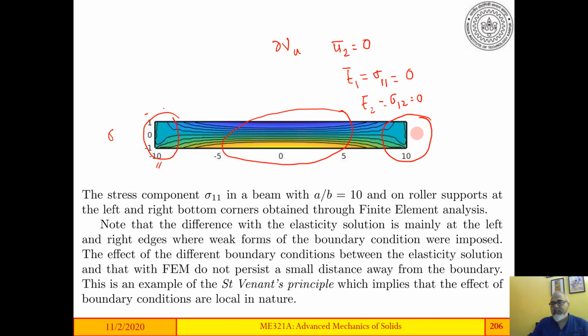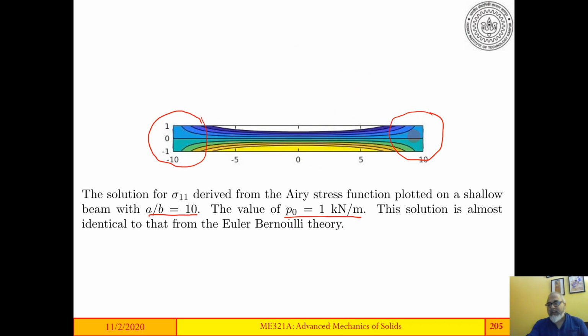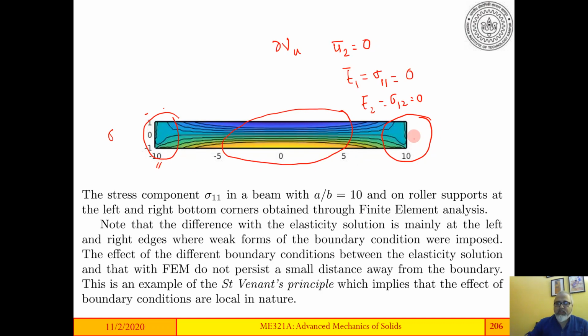The weak boundary conditions are different in this case and in this case. In spite of that, the solution away from the boundary does not seem to care. So this is known as the Saint-Venant's principle, which says that the effect of boundary conditions is local in nature. They die down very quickly as you go into the interior of the body.